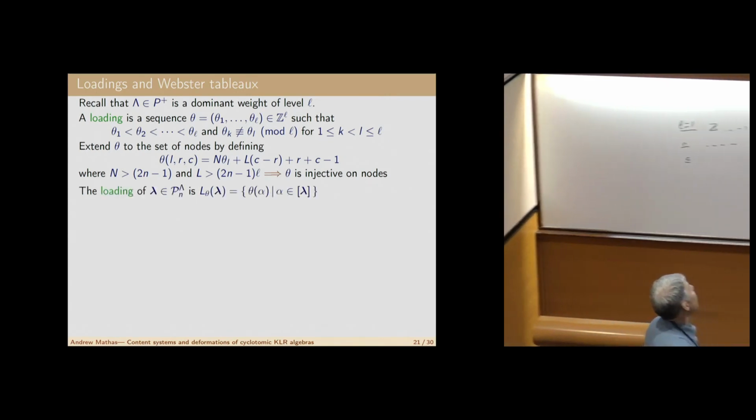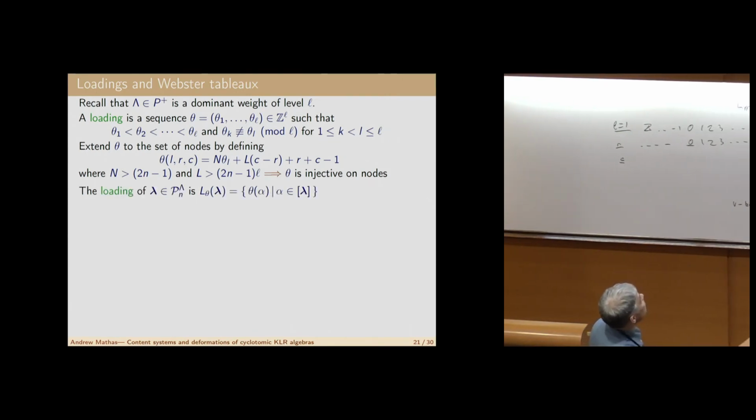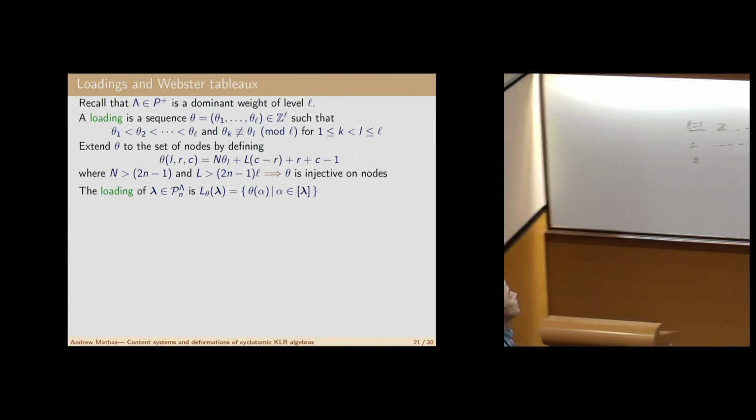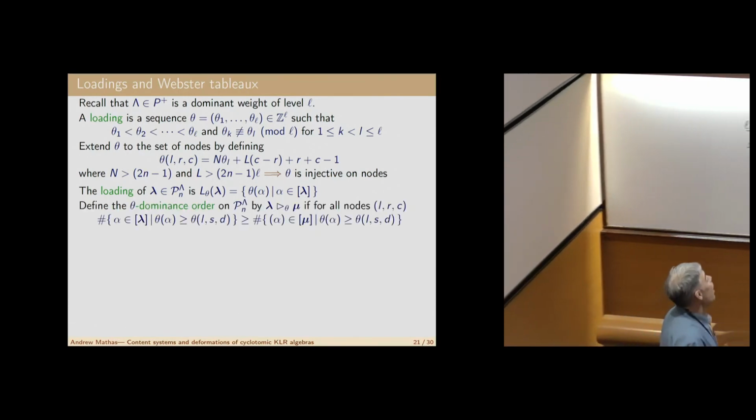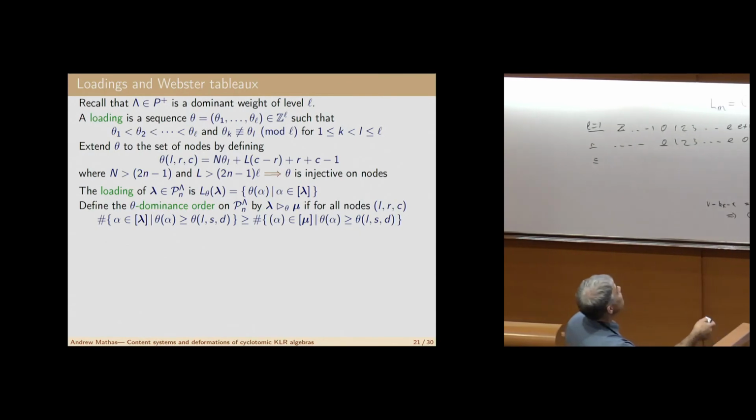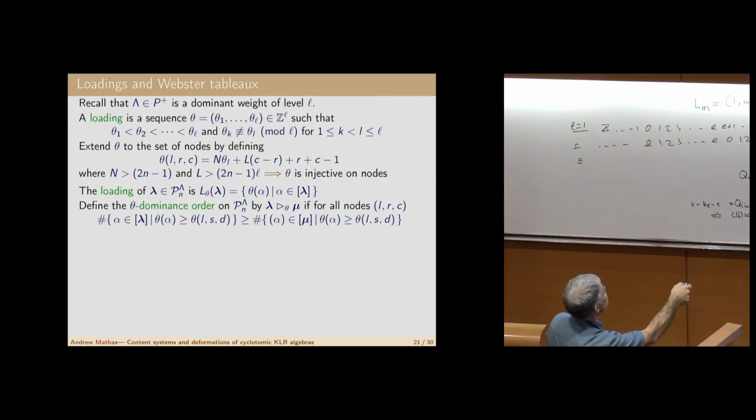Okay. If I take a partition, I want to define the loading of my partition to simply be the loading of the nodes in the diagram for that partition. Okay, so I get a bunch of numbers attached to my partition this way. We can define a dominance ordering by simply saying that lambda is bigger than mu in this dominance ordering if we add up the number of the loadings that are bigger than some fixed theta of LSD, the loadings in lambda there should be at least as many as the loadings in mu.